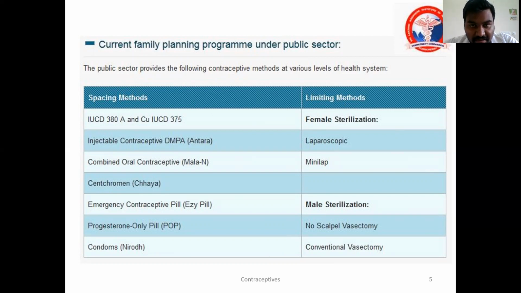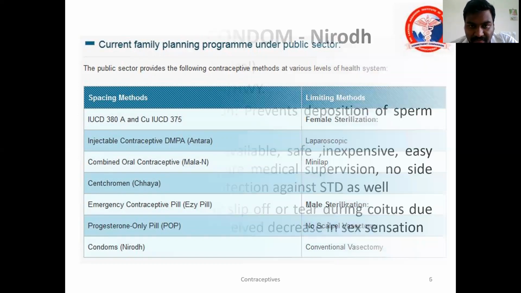And the emergency contraceptive, the ECP pill, is available. These are all spacing methods. Under limiting methods, both female and male sterilization are available. In female sterilization, both laparoscopic and mini lap. In male sterilization, no scalpel vasectomy and conventional vasectomy. These are available in the public health sector. We will discuss only the family planning methods available under the public health sector in this discussion session.